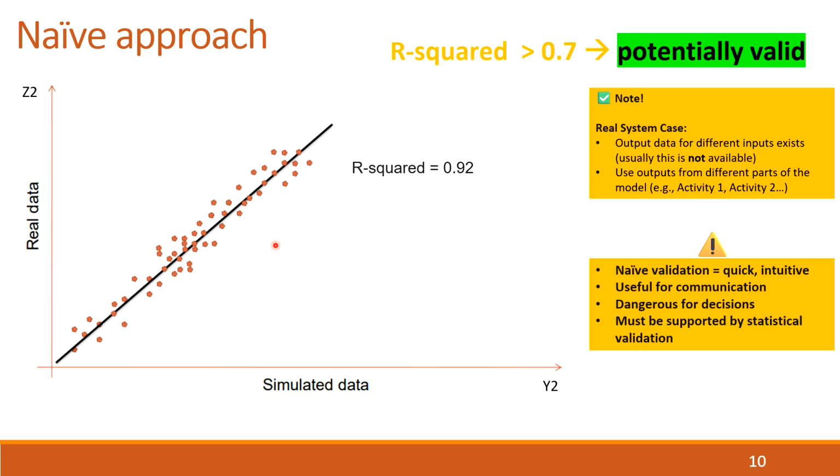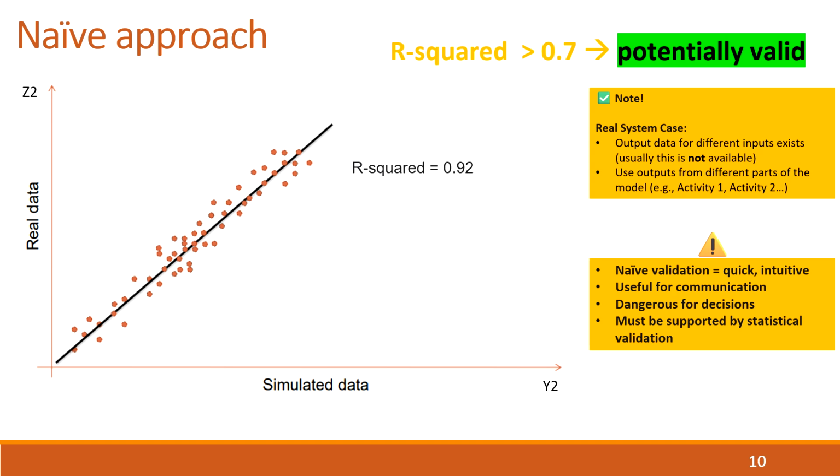At the same time, we are also calculating a numerical value, which is called R-squared. R-squared is a value from 0 to 1, and the overall message is that if the R-squared value is higher than 0.7, this should lead us to the conclusion that the model is potentially valid.